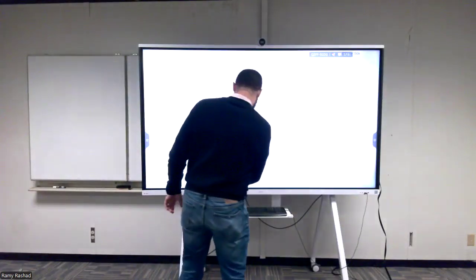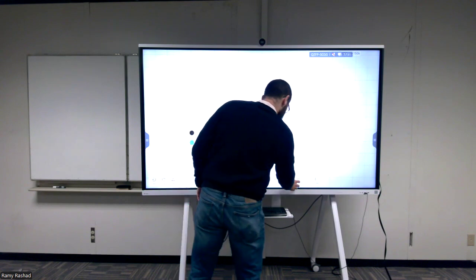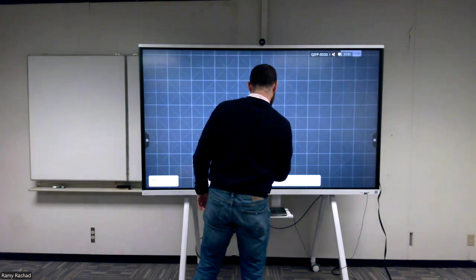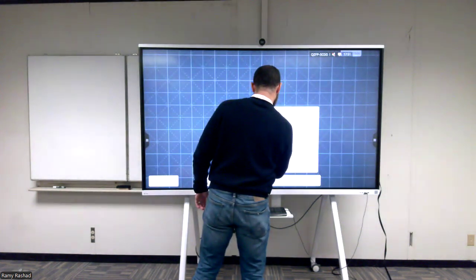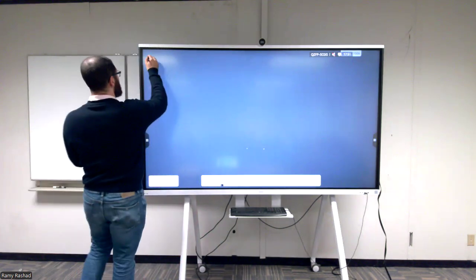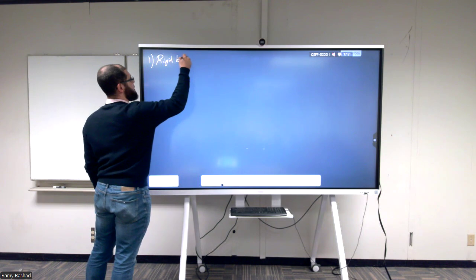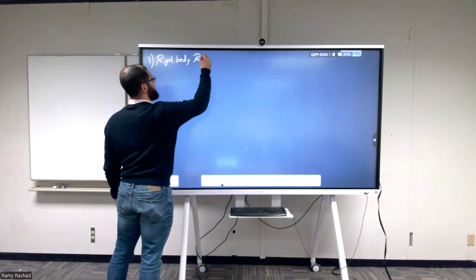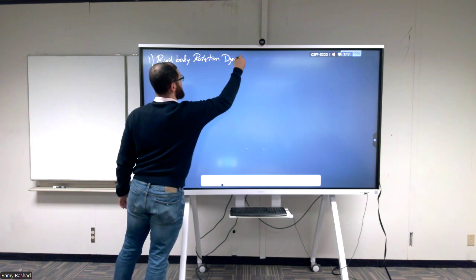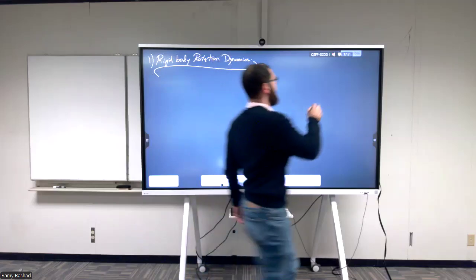Whiteboard. Let's see. So now we're going to be talking about the rigid body rotation dynamics. The setting that we have is the following.